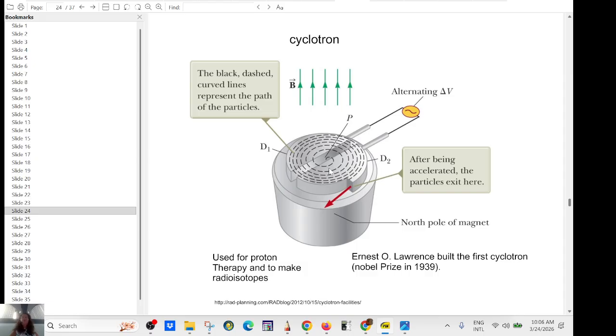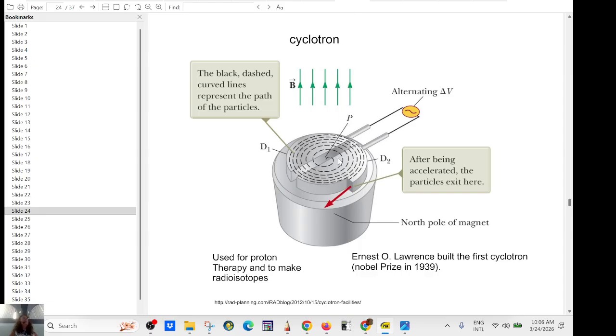And there is a trick. So you have the magnetic field in this direction. You can check: the particle is moving this way, the magnetic field is going that way, so you're going to have a force that will deflect it.